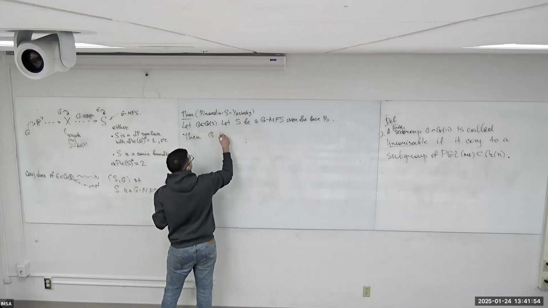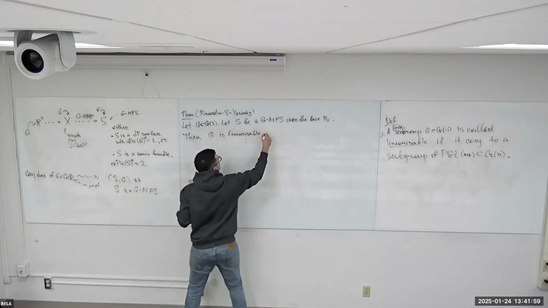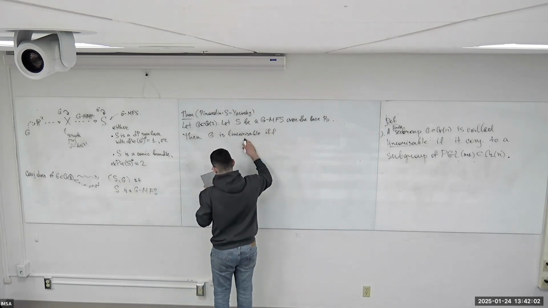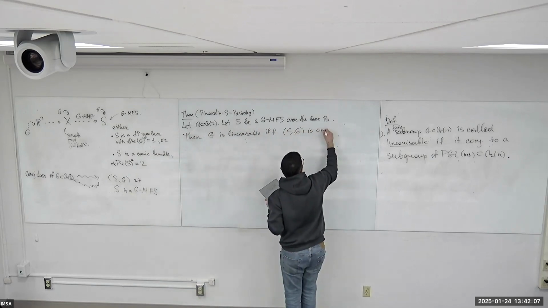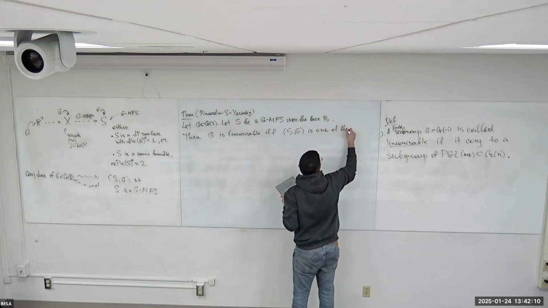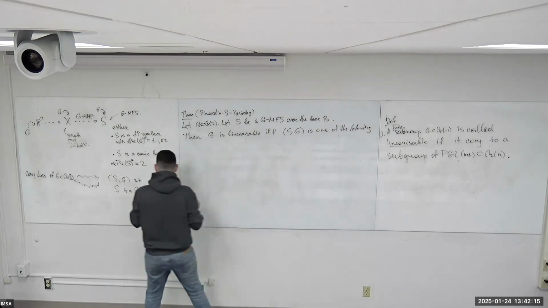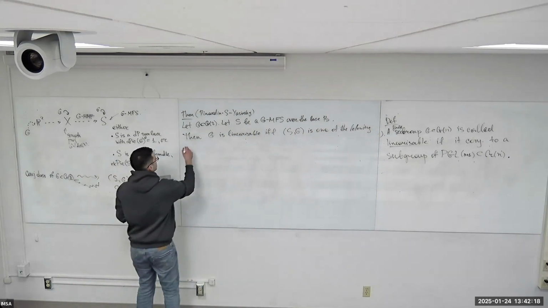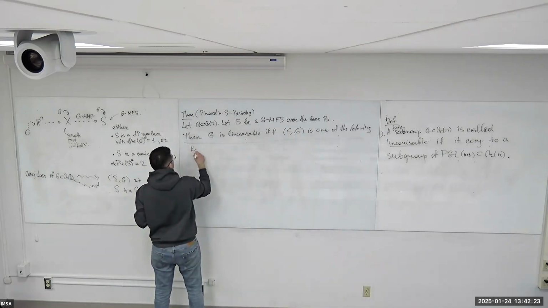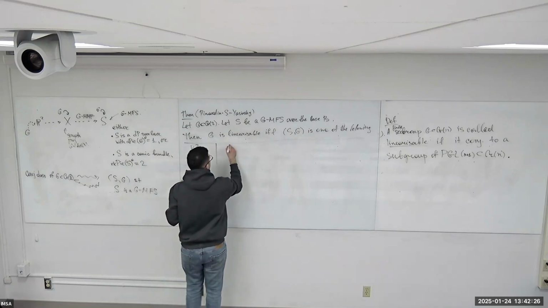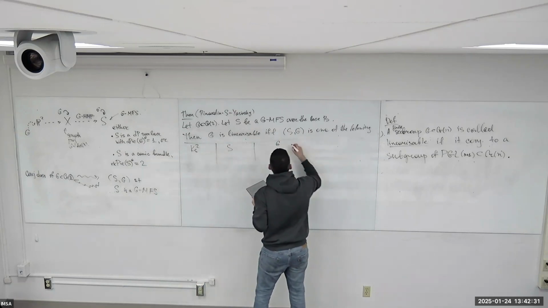Then G is linearizable if and only if the pair (S, G) is one of the following. Now there will be a nice big table, so I'll put the degree, the surface S, and the group G.